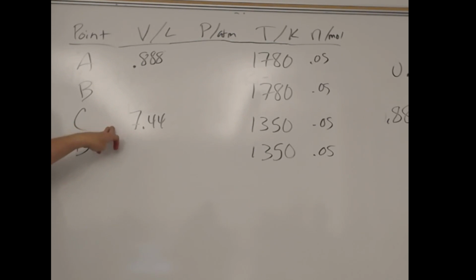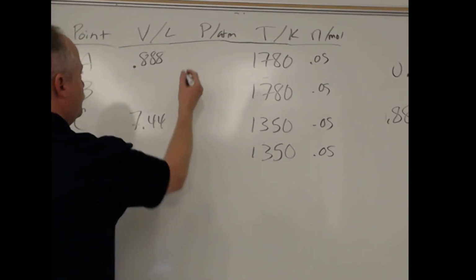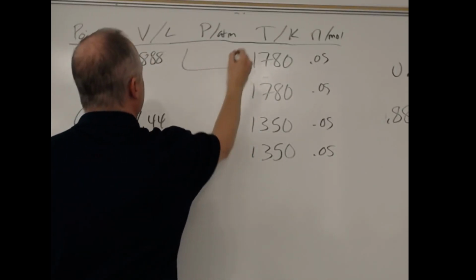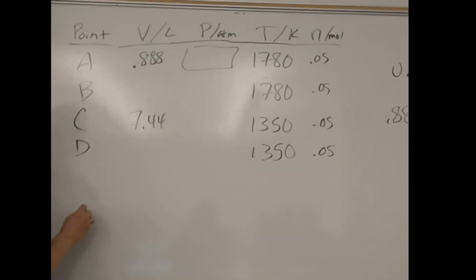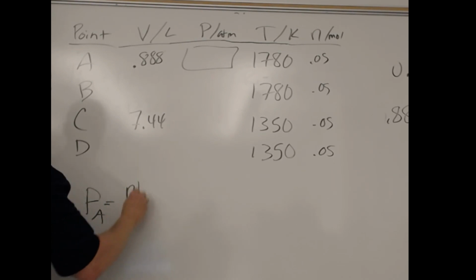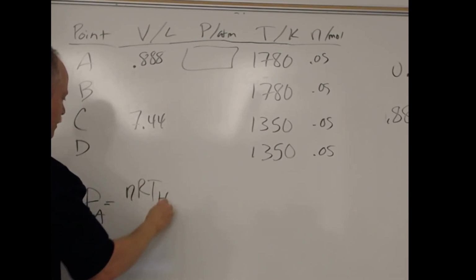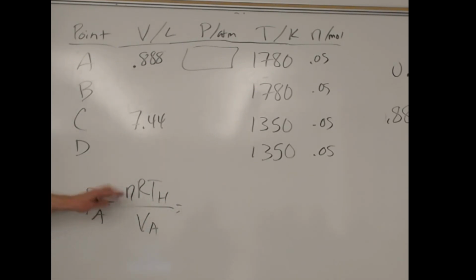So we can find the pressure for C. We can find the pressure for A. Okay, so let's do what we know. We can do that very easily. And so for this calculation here, it's the number of moles, gas constant, the hot temperature divided by VA.